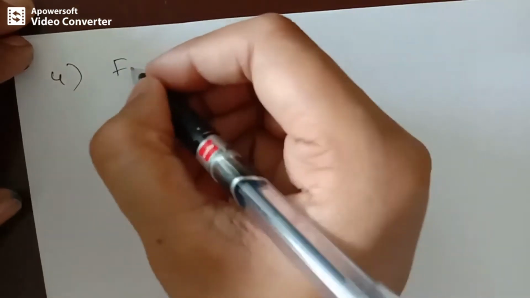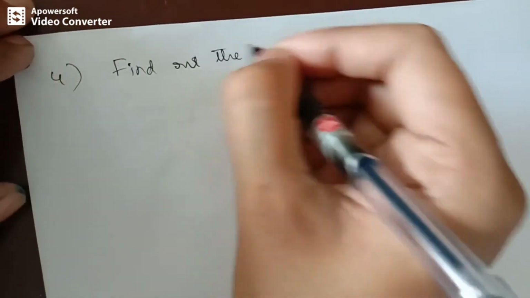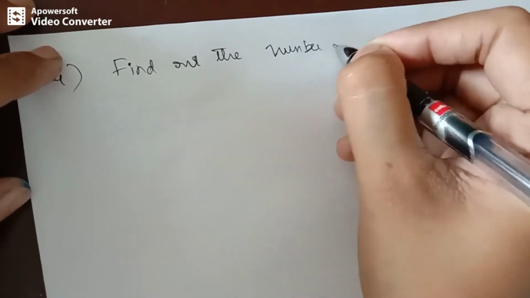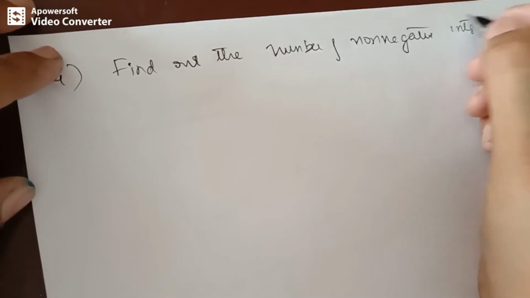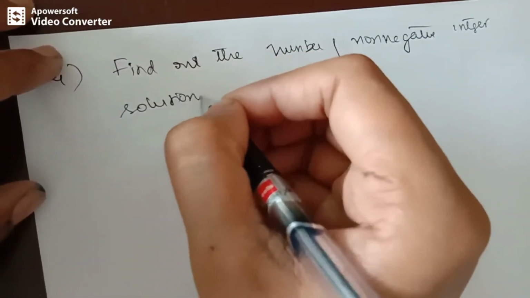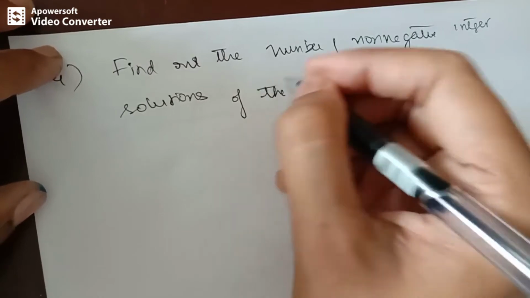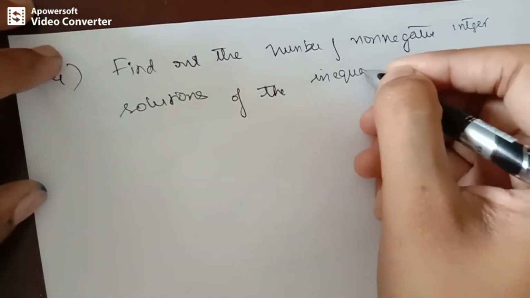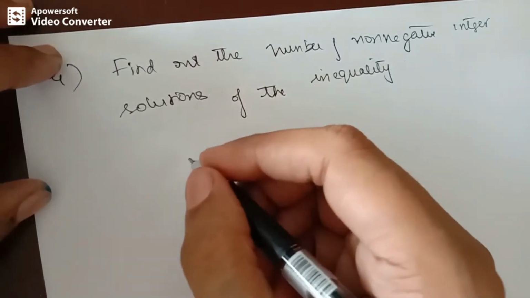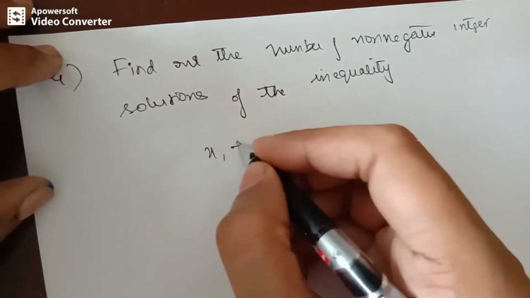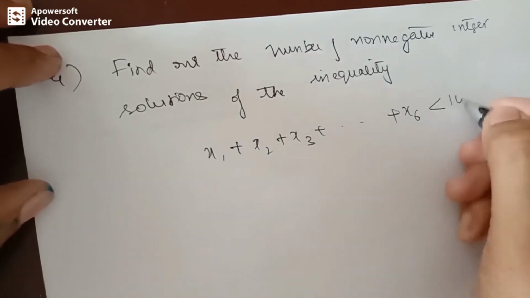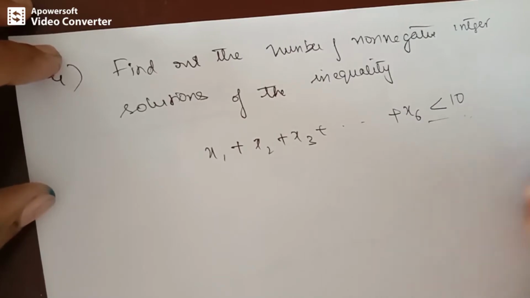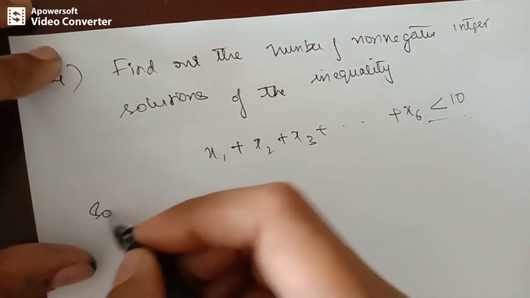For example, find out the number of non-negative integer solutions of the inequality. They are given an inequality and we need to find out the number of non-negative integer solutions. It is given as x1 plus x2 plus x3 plus x6 less than 10. So they have not given it directly, they have given a constraint, it's less than 10. So how do we solve this?